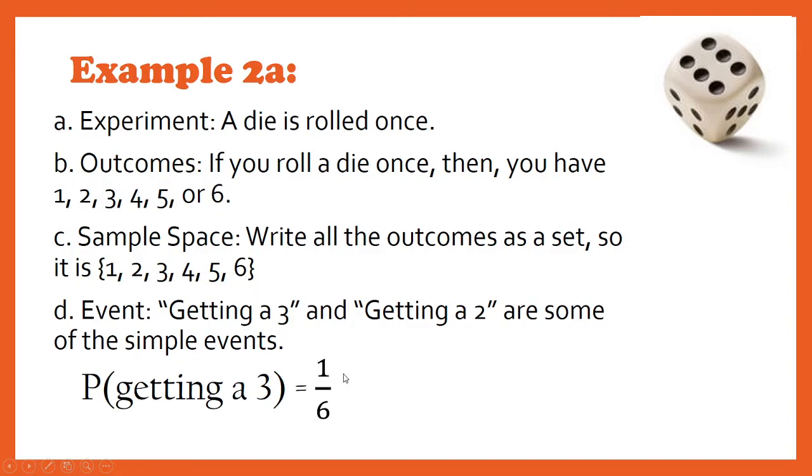Meaning to say, there is only one chance to get a 3. There is only 1 3 over 6 because the number of outcomes when you roll a die is 6, diba? The probability of getting a 2 is also 1 over 6. So, there is one chance to get a 2.